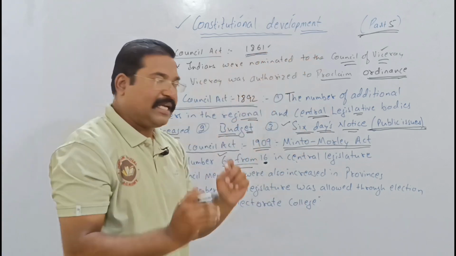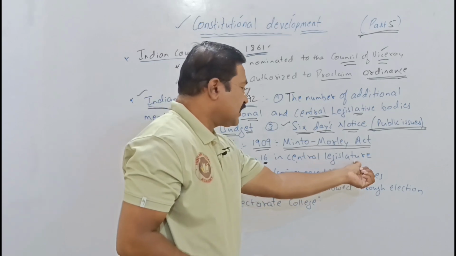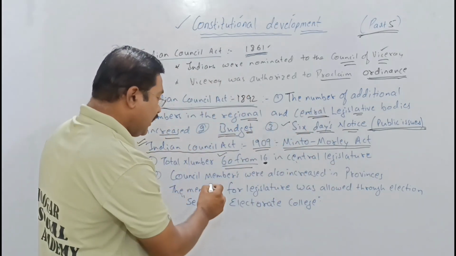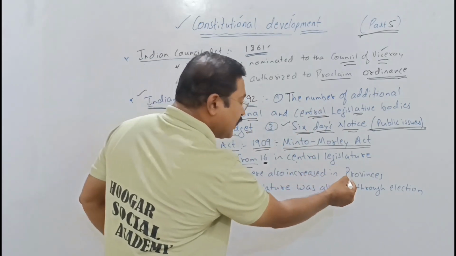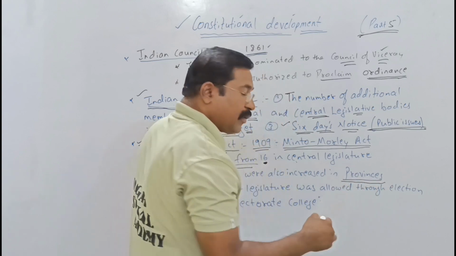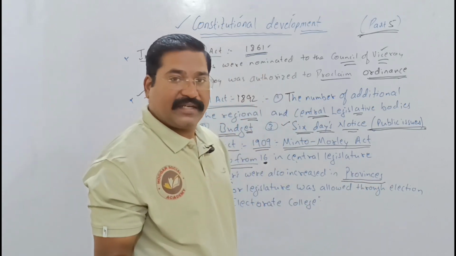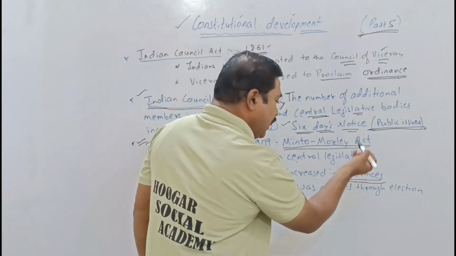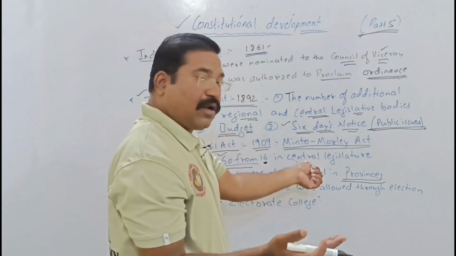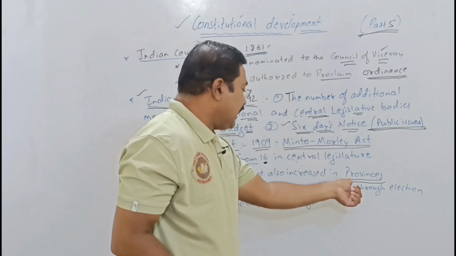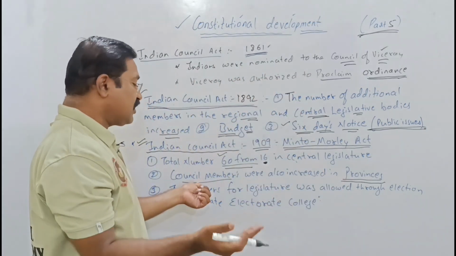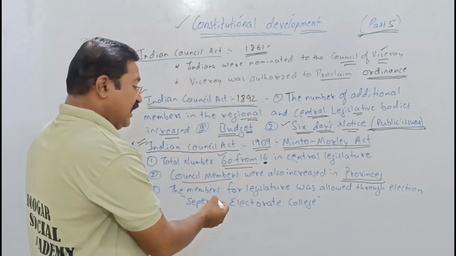The numbers were increased in the central legislative body. In the same way, council members were also increased in the provinces. Provinces, which presently you call states; at that time they were referred to as provinces. So in the center numbers were increased, and in the provinces council members were also increased.